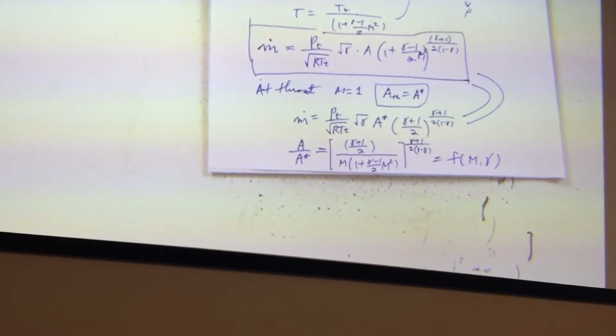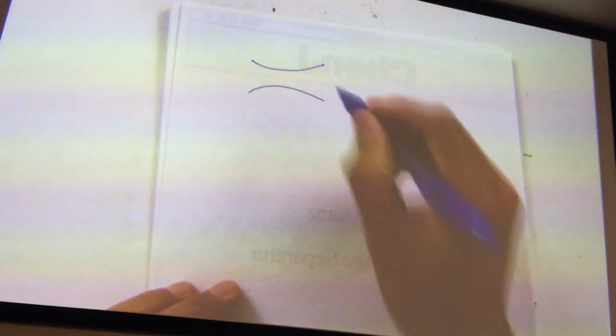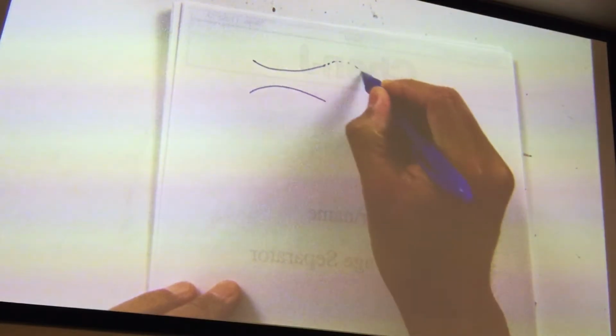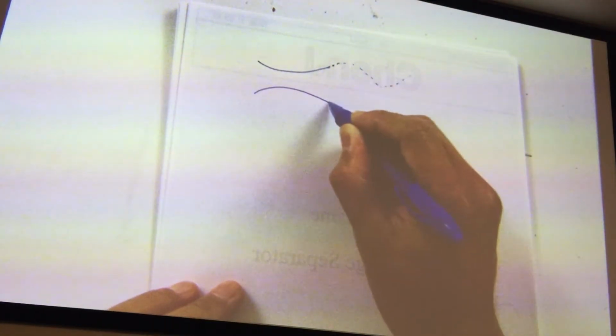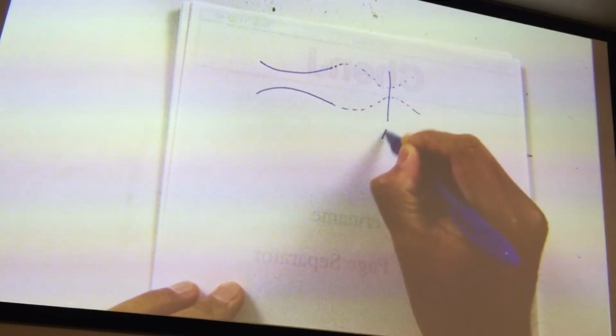Here, what we are saying is that you should enjoy it in such a way that you will understand. So now, if you have another flow, and let's say you never have a Mach number equal to 1 within your nozzle, but you can imagine here is your A star. Somewhere there is such a thing called A star.